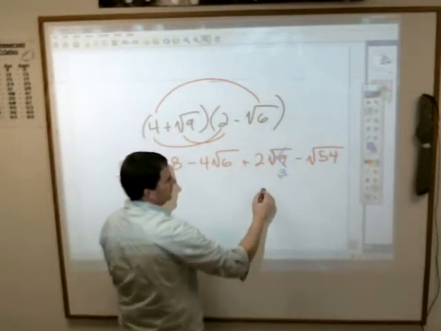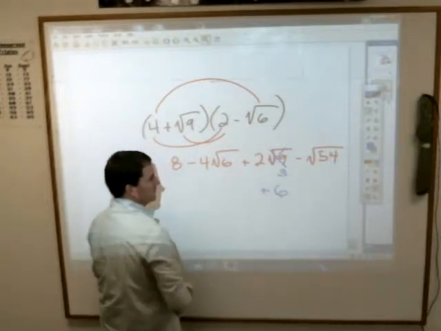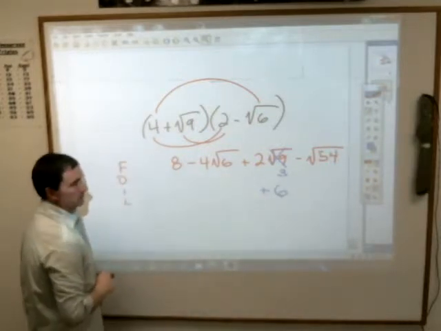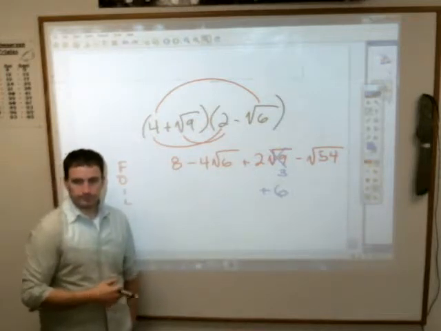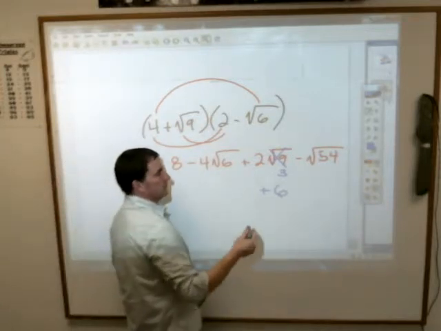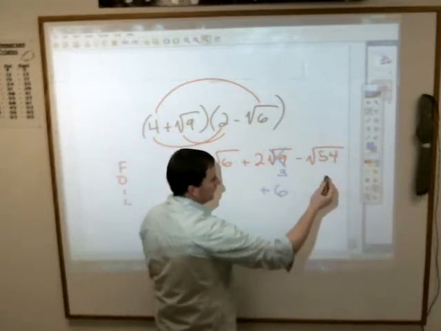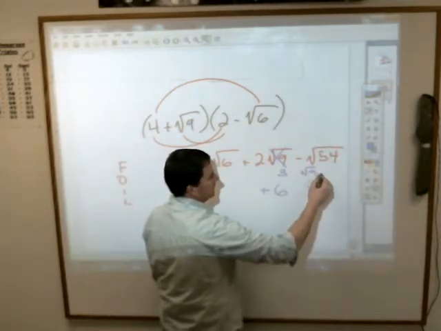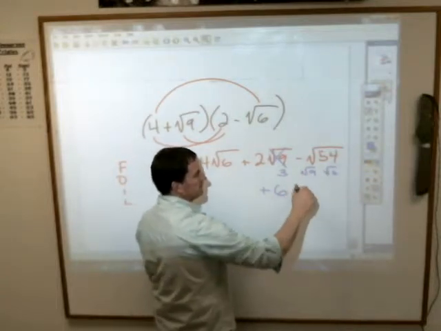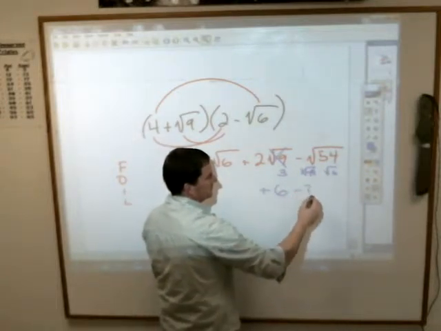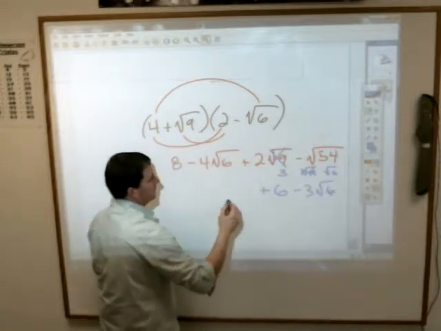So this whole thing would end up being a plus 6. What about the square root of 54? The square root of 54 breaks down into the square root of 9 times the square root of 6. And what is the square root of 9? 3. So this ends up being minus 3 times the square root of 6.